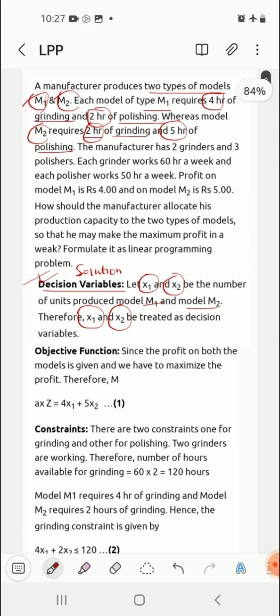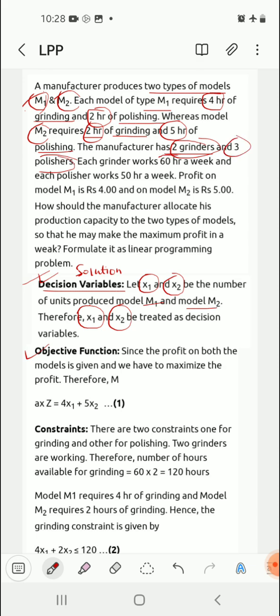Now, what is our objective function? The next step is the objective function. The objective function is the purpose for which we are forming this LPP, that is linear programming problem. Over here, it's said that the manufacturer has two grinders and three polishers.